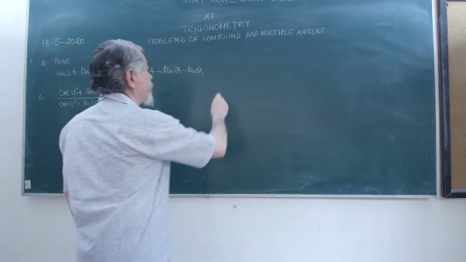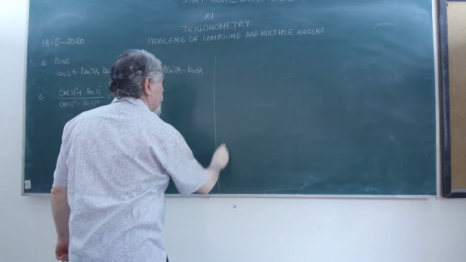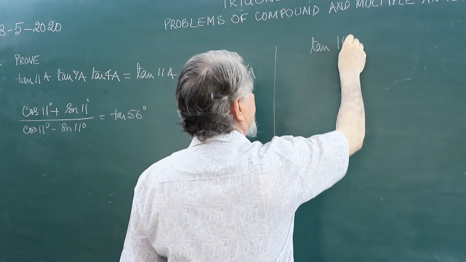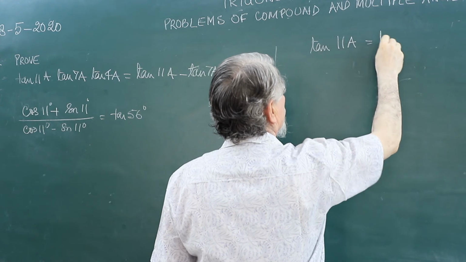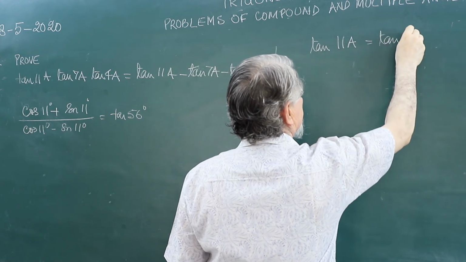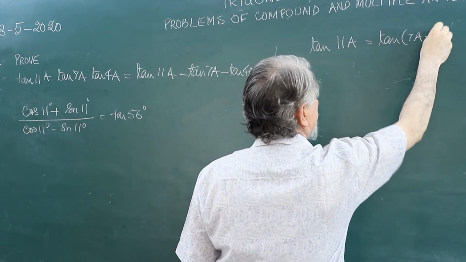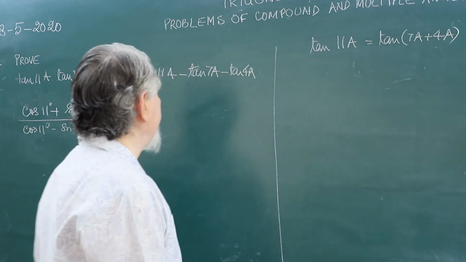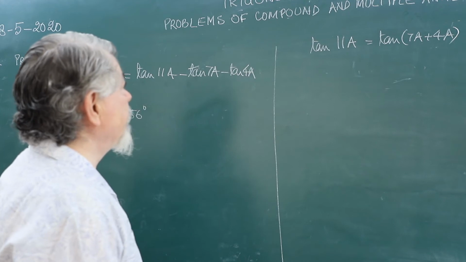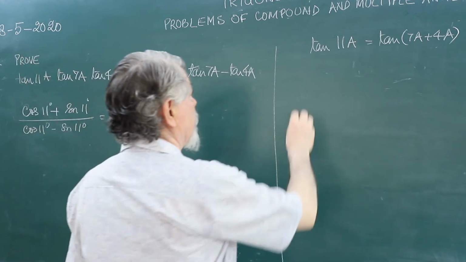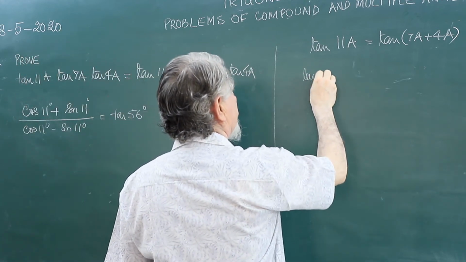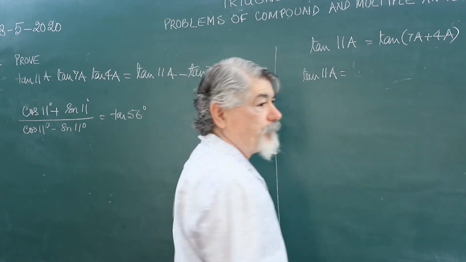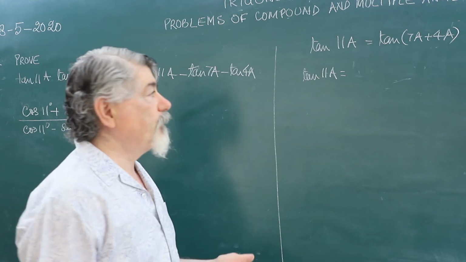Now we will start with tan 11A, which will be equal to tan of 7A plus 4A. So tan 11A, and let us find tan of A plus B. What is the formula for tan of A plus B?